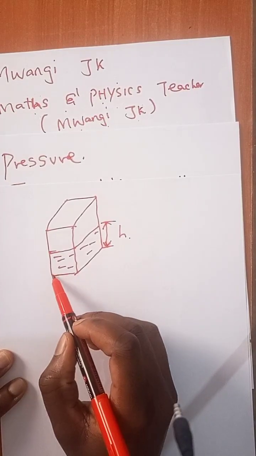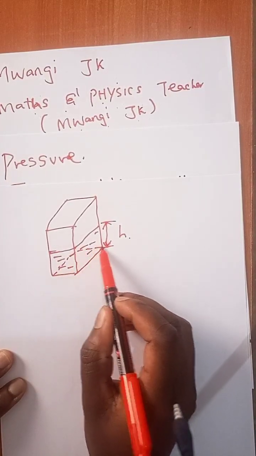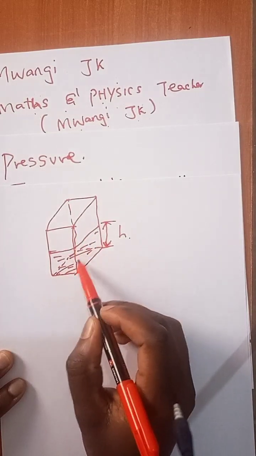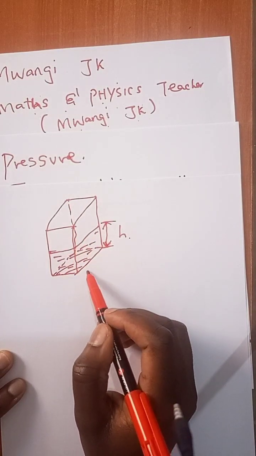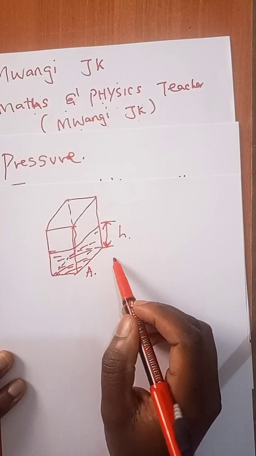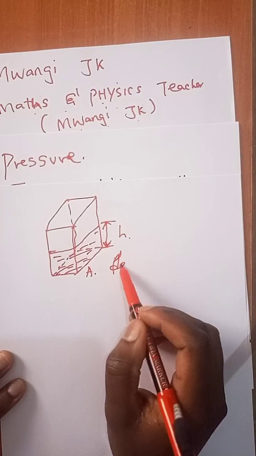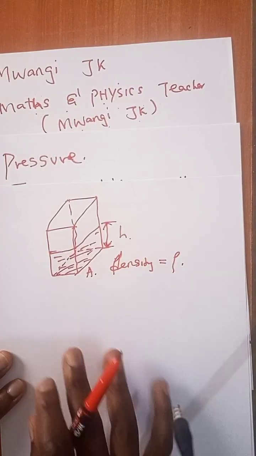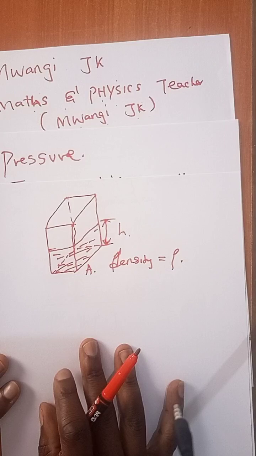It has a cross-section area, which is the base area, the one I'm shading, and we give it the name A. The density of this liquid we'll call rho, the general symbol we use for density.